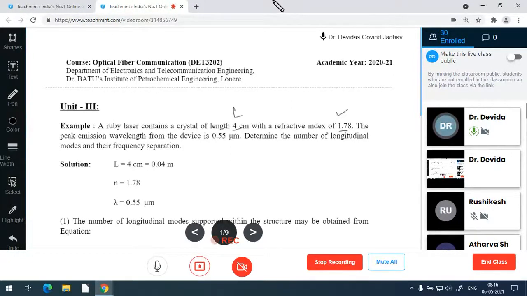The peak emission wavelength, the central wavelength, is 0.55 micrometer. Determine the number of longitudinal modes Q, and also the frequency separation, delta F.